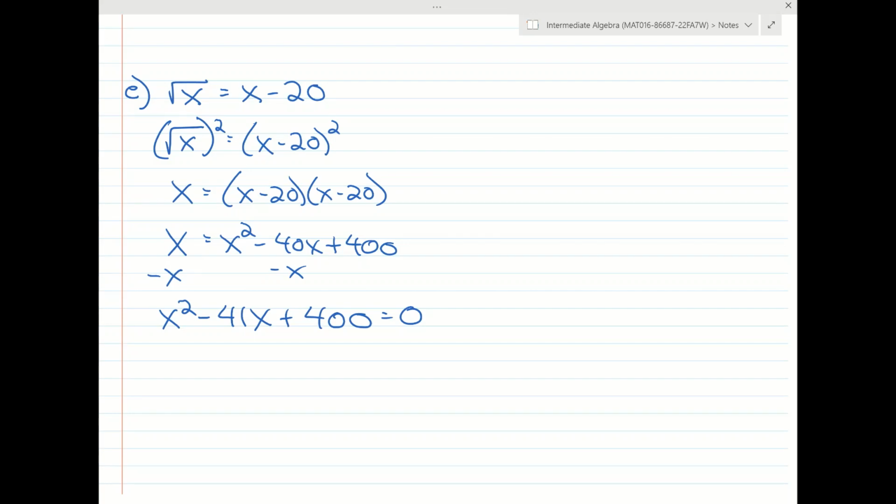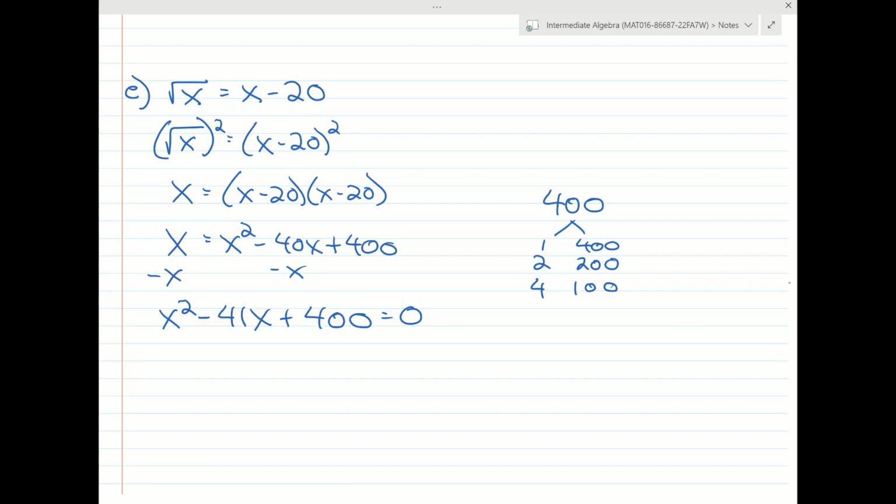Sometimes it's tough when the numbers get bigger. All right, so what multiplies to be 400? Obviously, 1 and 400 wouldn't work. 2 and 200 doesn't work. 3 doesn't go into 400. So maybe 4 and 100. Obviously, that's no good. They have to add up to be negative 41.